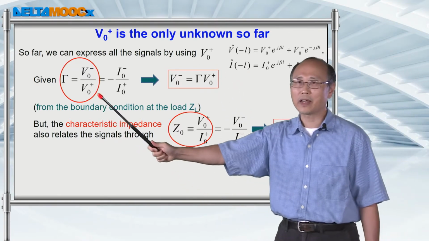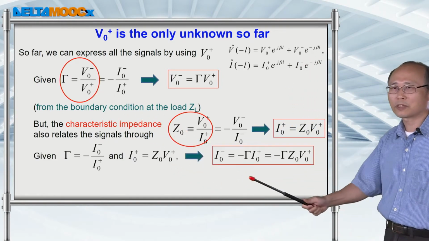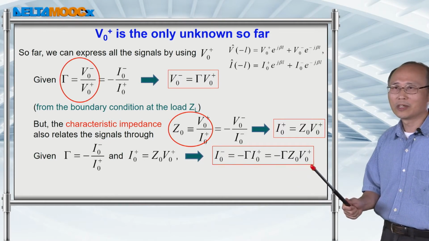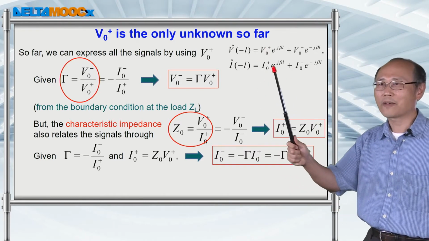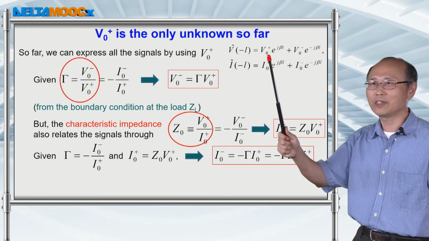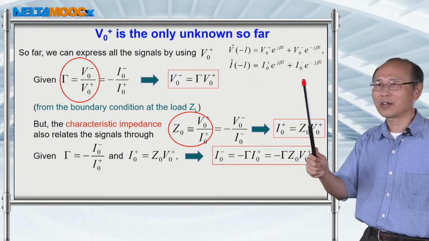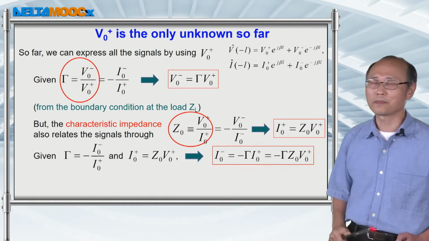If you combine these two expressions, you can also express the backward current as a function of the forward voltage. So in these expressions, you have four unknowns: V0 plus, V0 minus, I0 plus, I0 minus, and you know everything except this V0 plus.